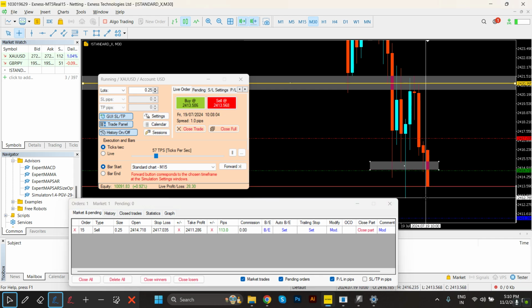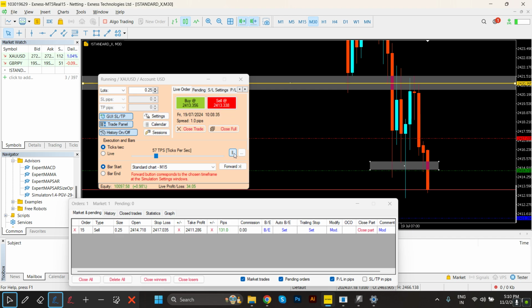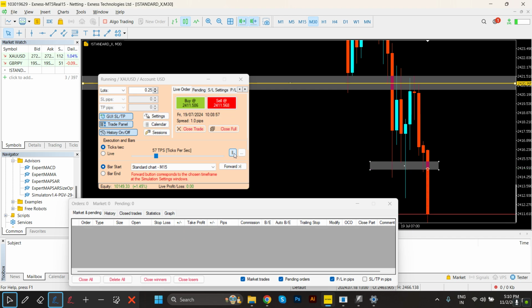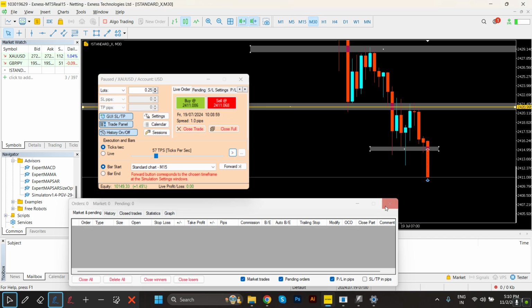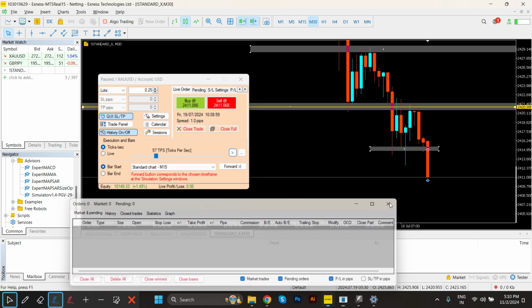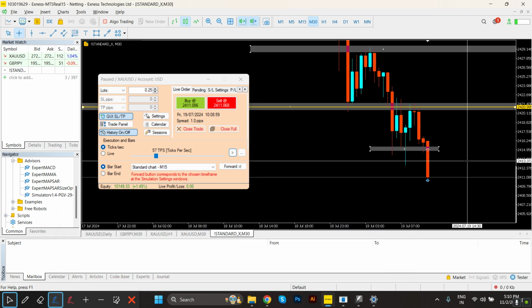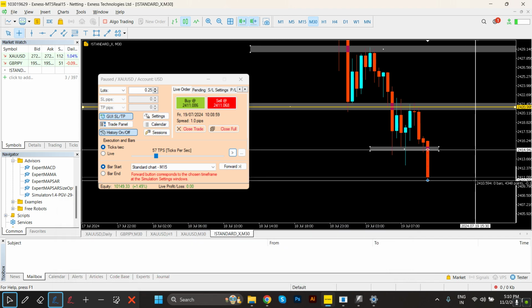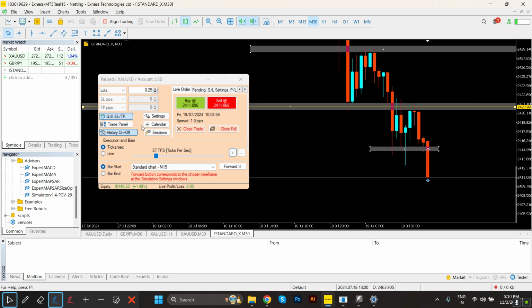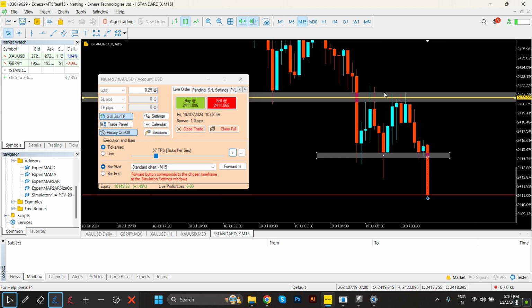Yeah, and it should fill this wick. Yeah, 13 pip, 14 pip. Oh wow, look at the price action. Wow, I did not anticipate that. I did not expect price to move like this. Wow, that's okay.